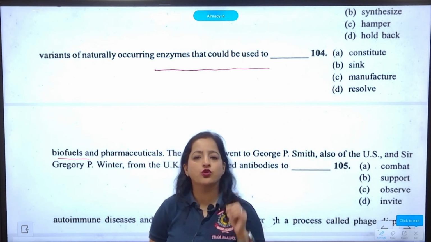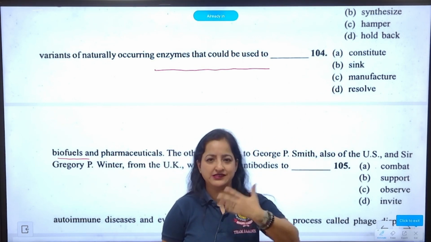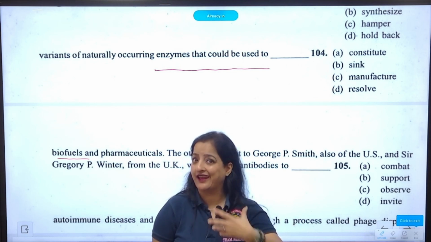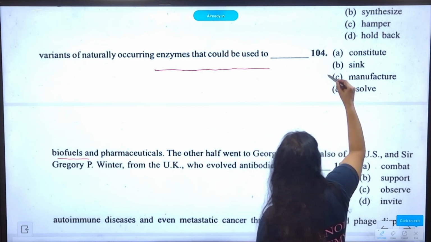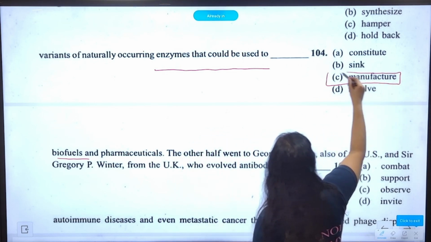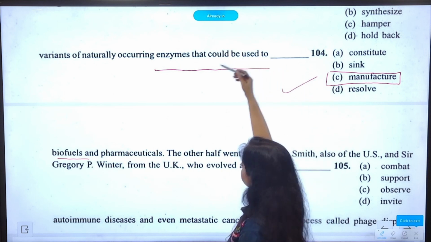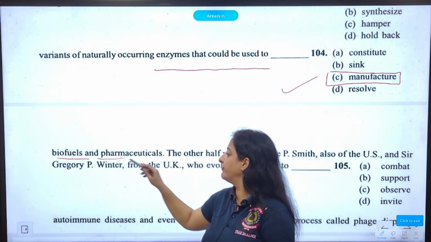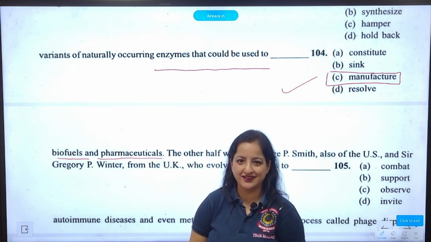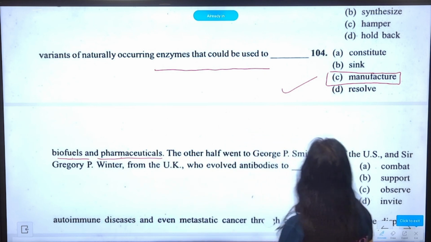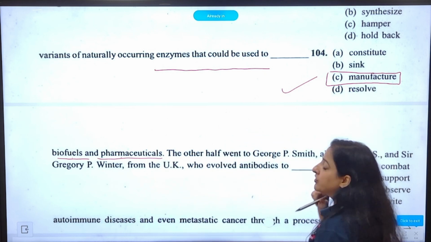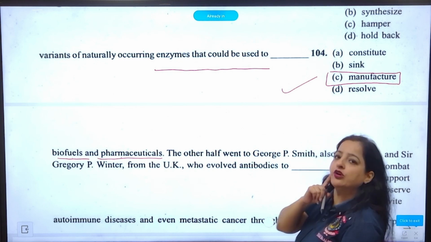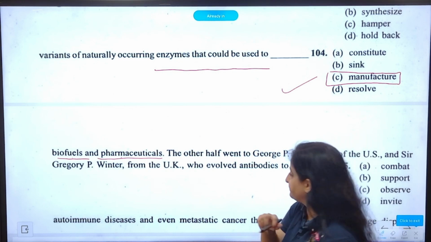Which option is going with the tone of the passage? Synthesize से भी उसके synthesize की lines पे और कौन सा option? Of course this, बना रहे हैं ना. Enzymes used to manufacture the biofuels. Enzymes used to manufacture the pharmaceuticals. Right? Okay. So the other options don't match with the tone and the context of the passage.